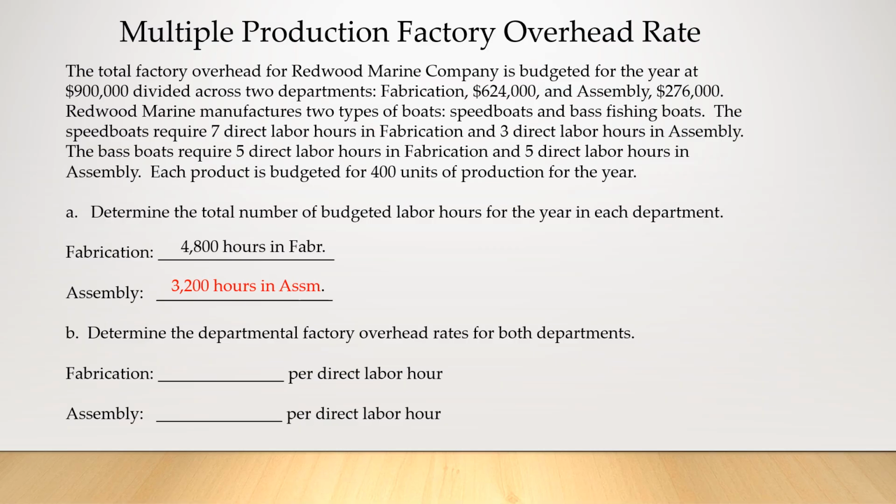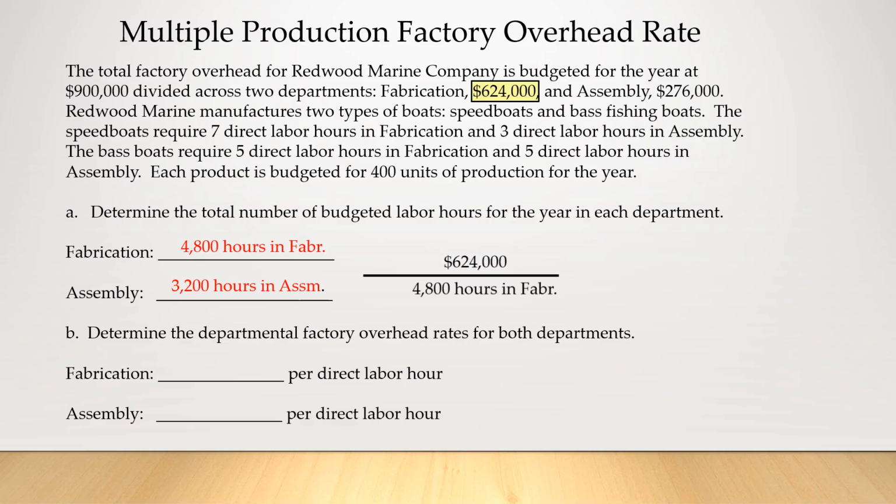Next, proceed to Part B and calculate the factory overhead rates for each department based upon labor hours. The budgeted labor hours in Part A are our starting point for Part B. We have our total fabrication hours, and we also have our total fabrication budget.